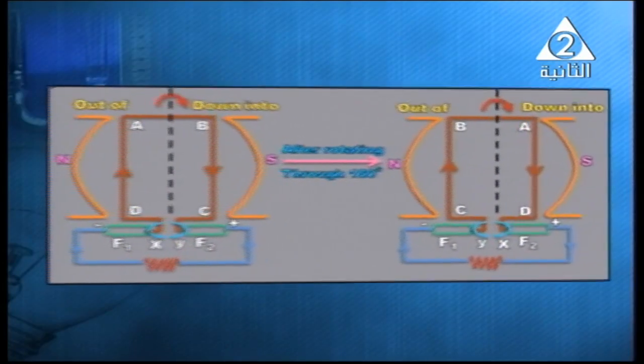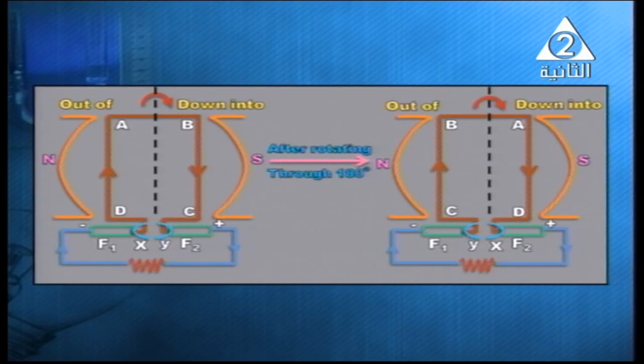In front of you, we've got a diagram that shows the function of the commutator. As I said, it reverses the direction of the current in the coil each half cycle to make it rotate in one direction.